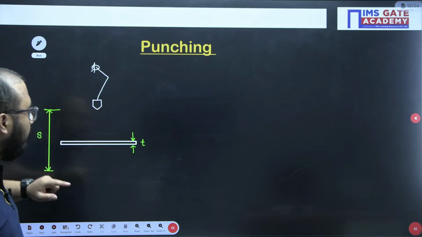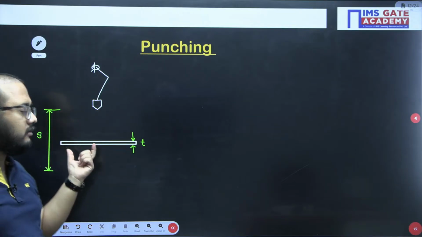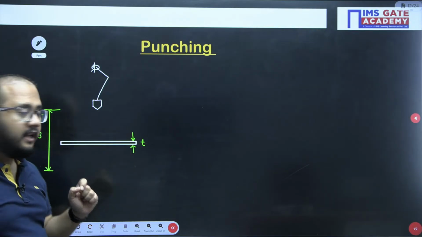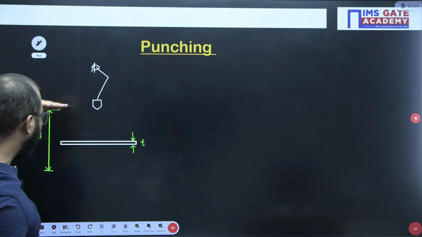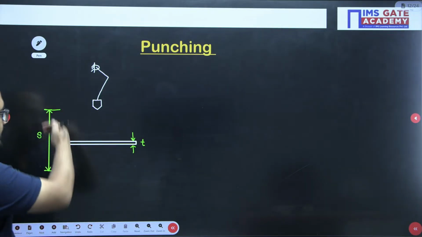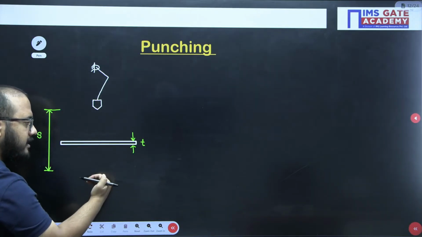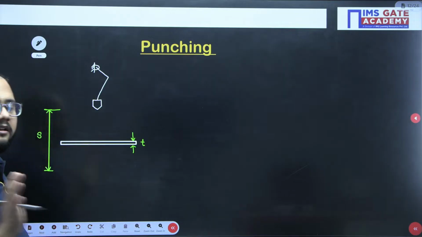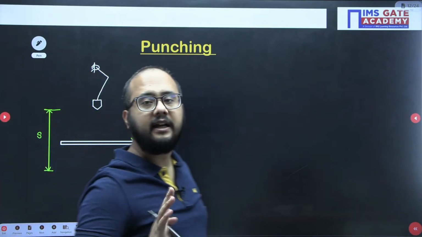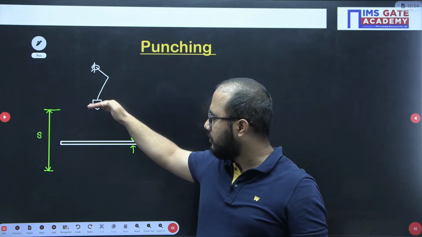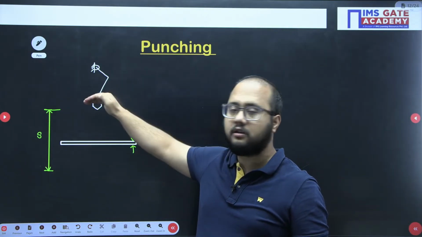This is the tool, and that tool is going to punch this particular workpiece having a thickness T. It will start its journey from here and end here, and then again it will return. When it is moving from here to here, the punching operation is completed, and then it returns, and in that return it is not going to perform any kind of work. Punching happens when the tool moves from this position to this position, and then returns to its original position.